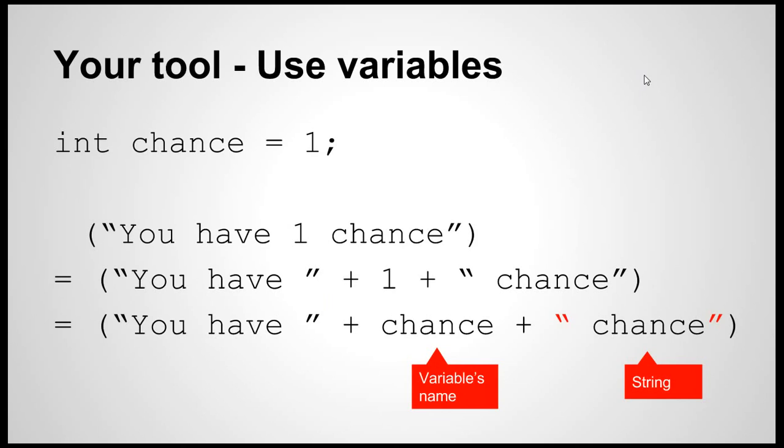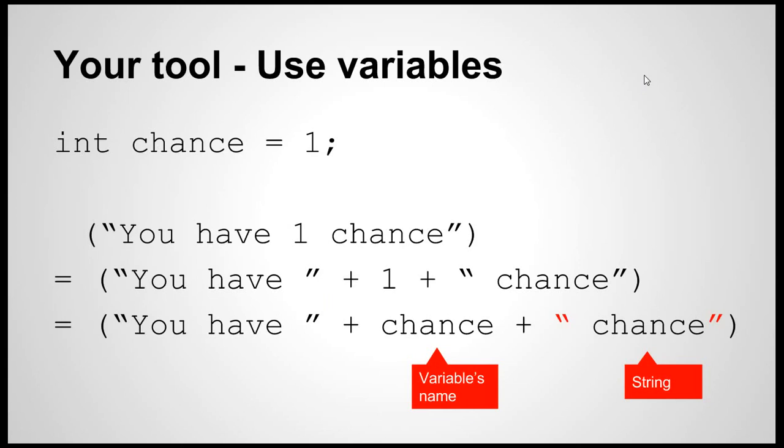Now let's try to use the variables, right? Because you know we have just defined the variables without actually using them. So I will provide you an example. Here we have the variable integer chance equal to 1, and you will want to use it here, right? Inside the text string, you have 1 chance.